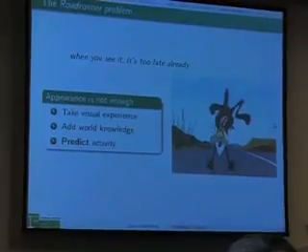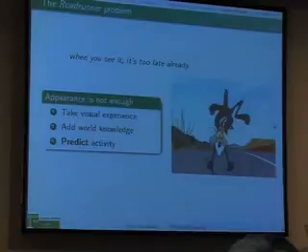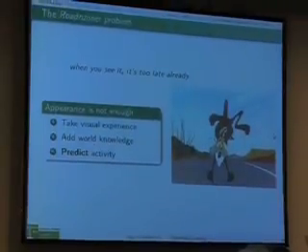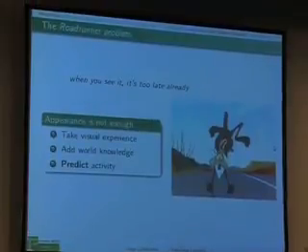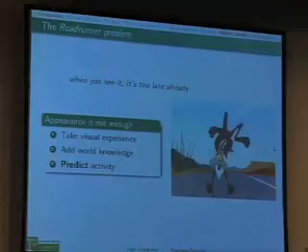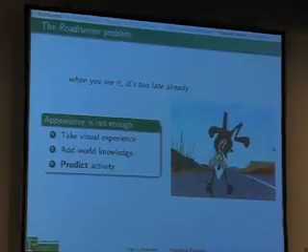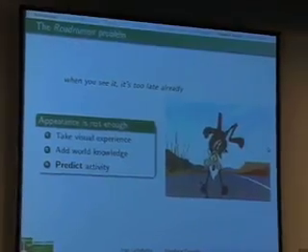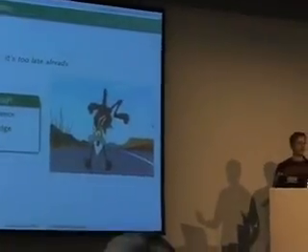So what I'm trying to say here is that visual experience doesn't just consist of interpreting the action after it has happened. When humans interpret their visual surroundings, we have a visual input, a visual experience, then we know a lot about the world around us, and this allows us to predict an activity, and to predict an activity at a point in time when we still have sufficient time to actually act on our prediction and make something happen.